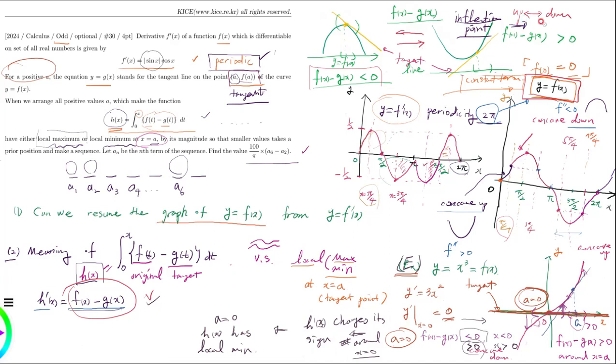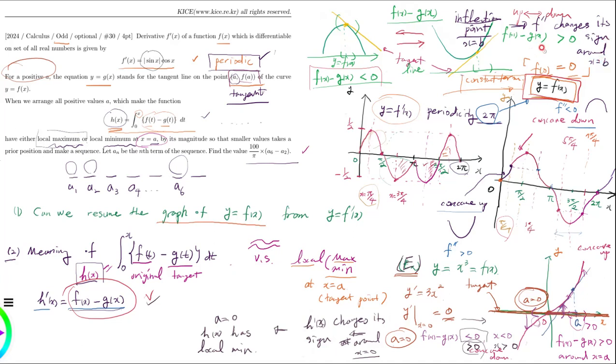At this point the sign of the second derivative of f of x changes. Let's say the inflection point is x equals b.